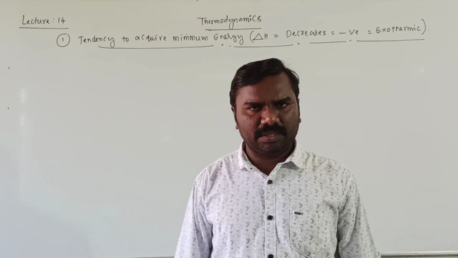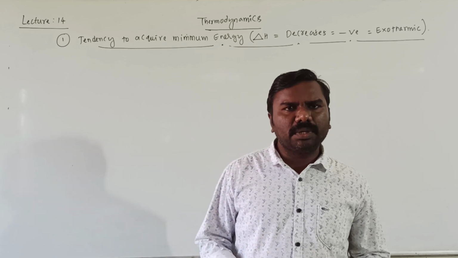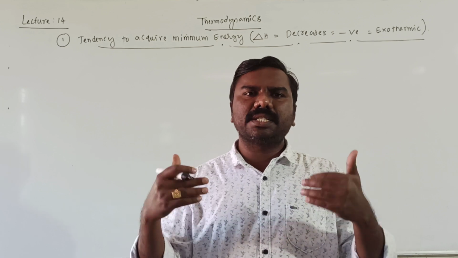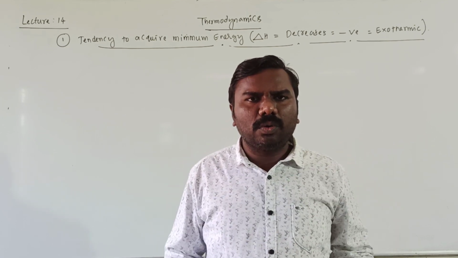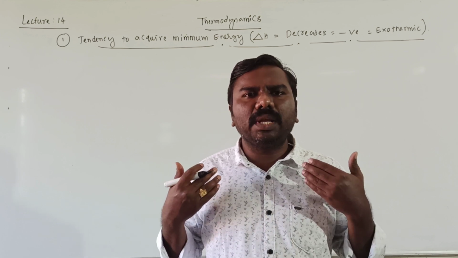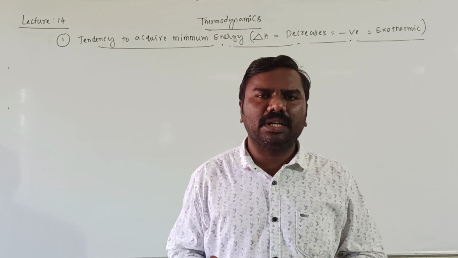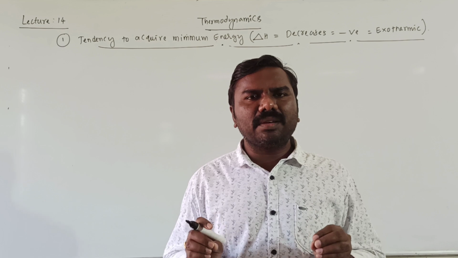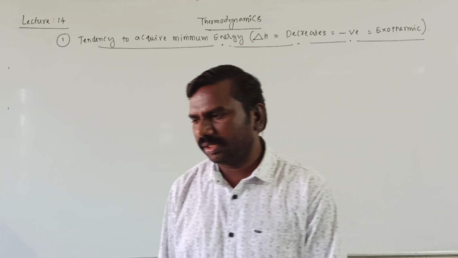It means you are stable. It means anything in the universe is trying to become stable by losing its energy. Losing means releasing its energy. Obviously, energy becomes low. Energy losing means releasing means exothermic reaction. So exothermic reactions are spontaneous reactions, simply.